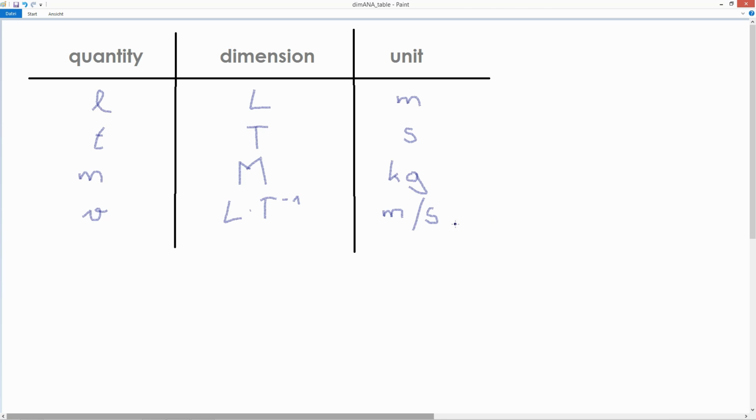Maybe you have already heard something about the 7 SI basic units. The first three examples, meter, second, and kilogram, describe such basic units.